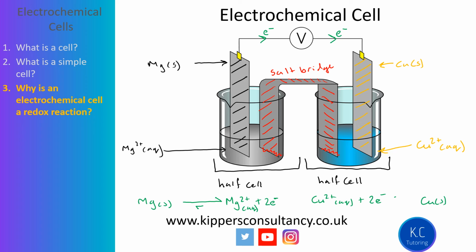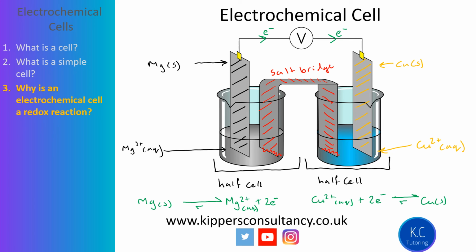Again, the half cell on its own is in equilibrium, but when we connect the copper half cell to the magnesium half cell, the reaction shifts over towards the copper solid side more.